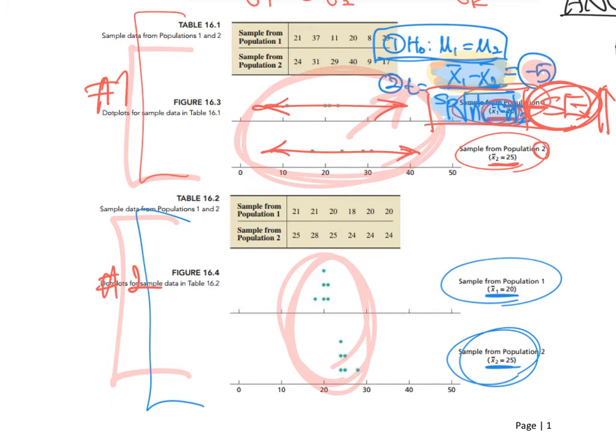Please look at sample number 2. The variances are very small. Standard deviation, small. How do you think the standard error will be? Small too. The standard error was in the denominator.